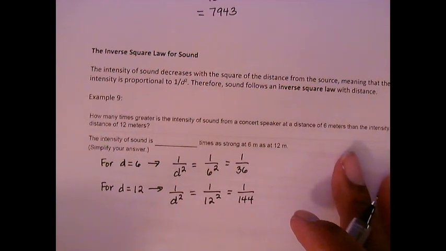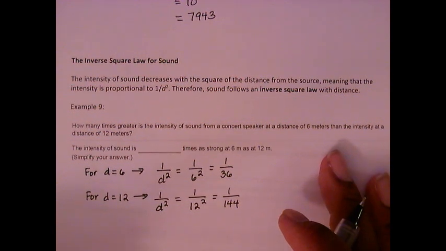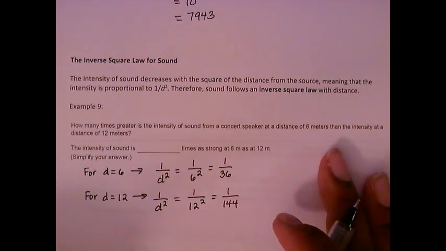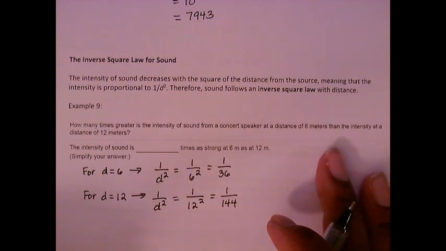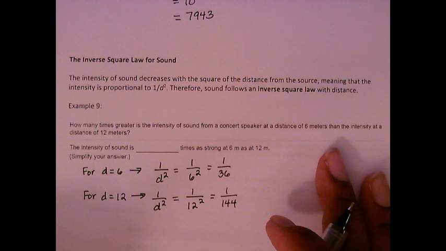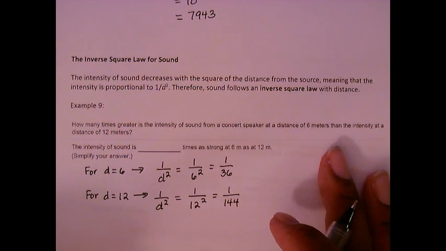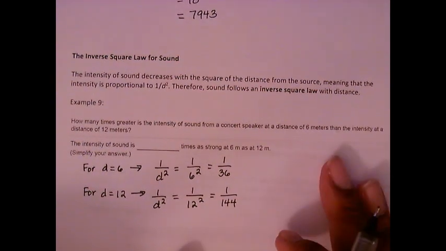And now we want to find out how many times greater is the intensity of sound from a concert speaker at a distance of 6 meters than an intensity at a distance of 12 meters. Well, it's going to be a ratio of the two.